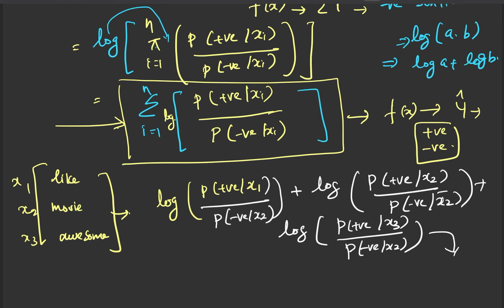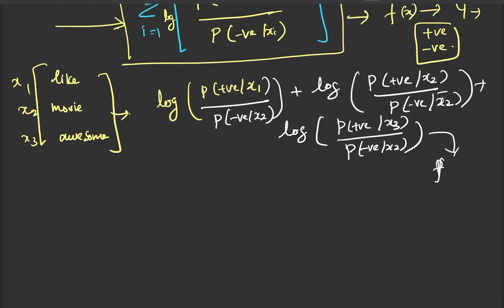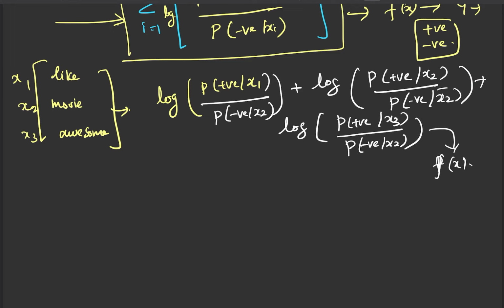The final score is our probability value, this mapping function f of x. Here, what is the range of f of x? f of x ranges from minus infinity to plus infinity, and the center point is 0.